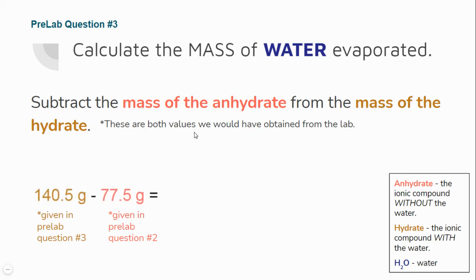We are given a value for the hydrate in the pre-lab, but in the actual lab, you are using the value, between 2 and 3 grams of hydrate, that you measured out before we even got the experiment started. Subtract the two and we end up getting 63.0 grams of H2O.